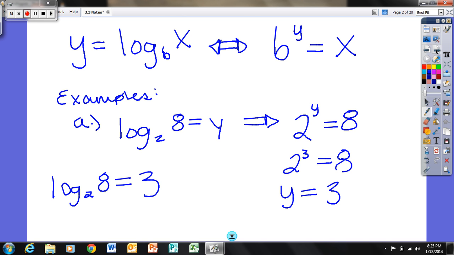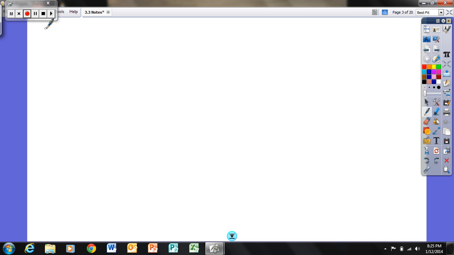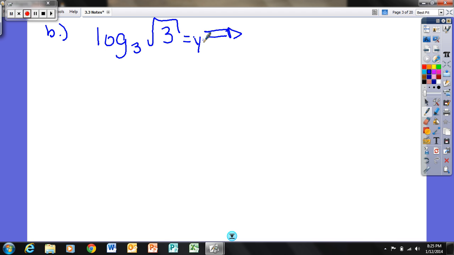Let's try another example. I'm going to call this one letter B. What if I give you log base 3 of root 3? Well, we know that's really equal to y. So we have to think to ourselves, 3 to what power is equal to root 3?